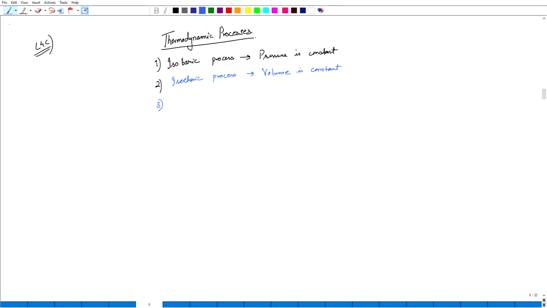Then we have the isothermal process, where temperature is constant.